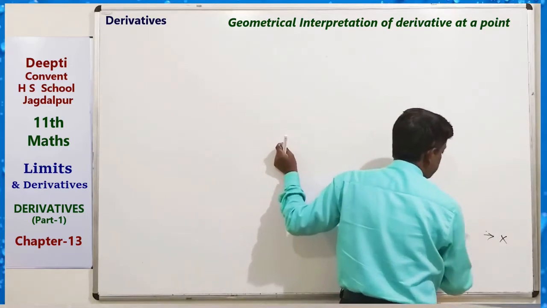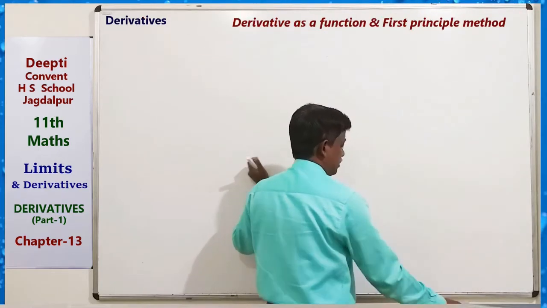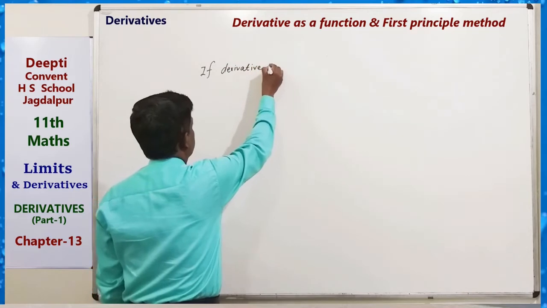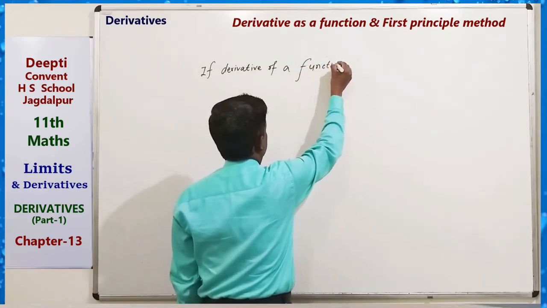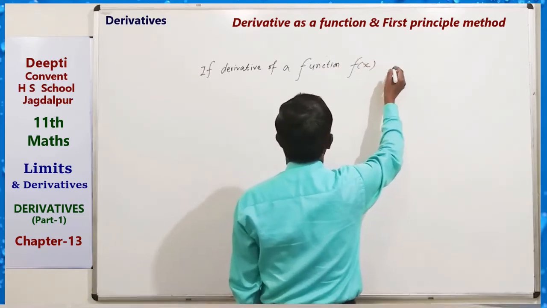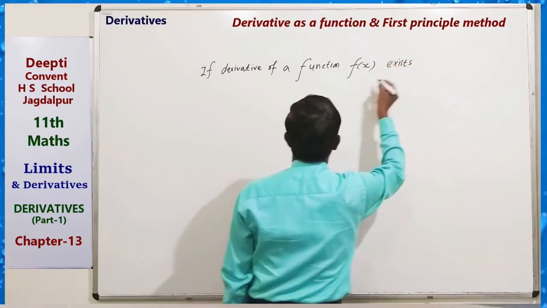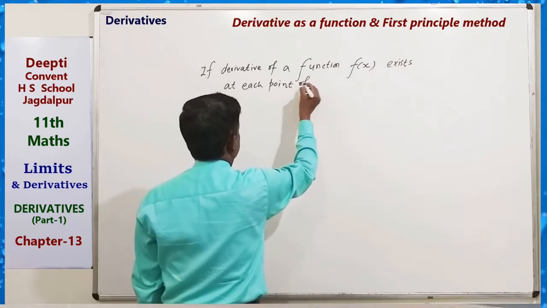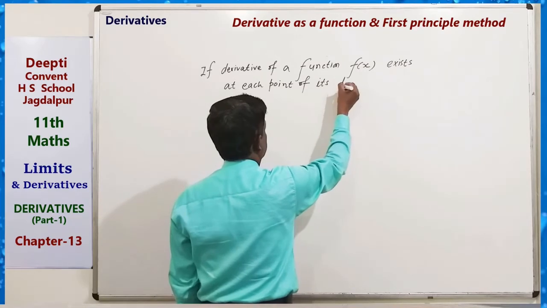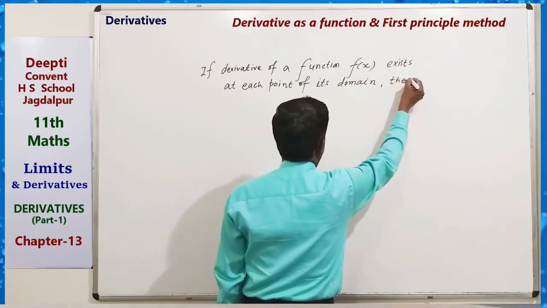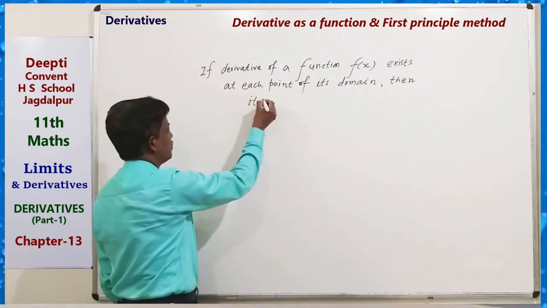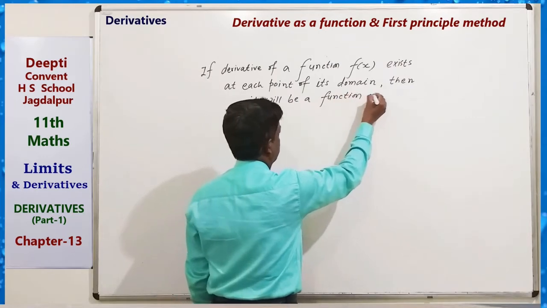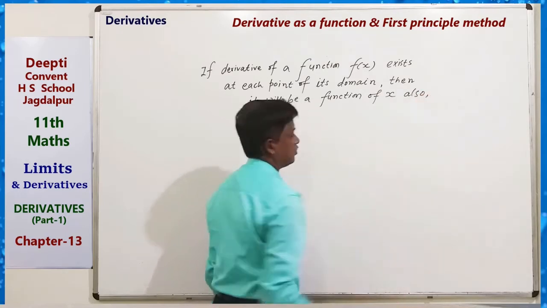So we can define the general derivative like this: if the derivative of a function f(x) exists at each point of its domain, then it will be a function of x also.